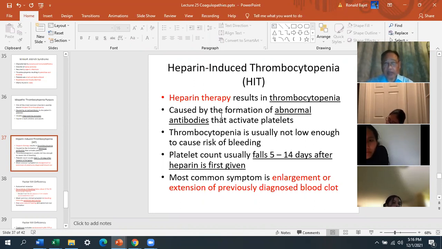They'll notice that your platelet count is a little bit decreased. That reduction is probably because of the heparin therapy. The most common symptom is enlargement or extension of previously diagnosed blood clot. Okay. Extension of previously diagnosed blood clot.